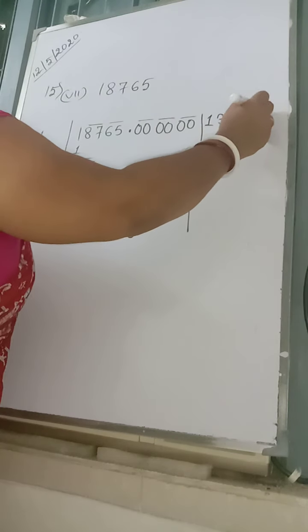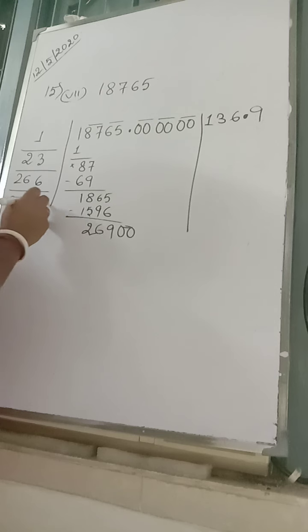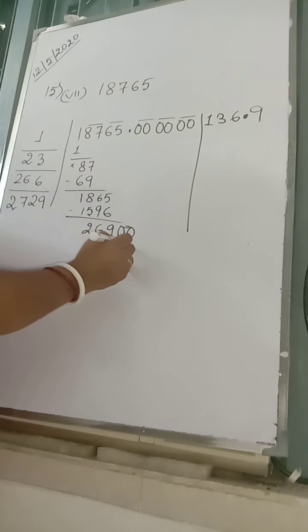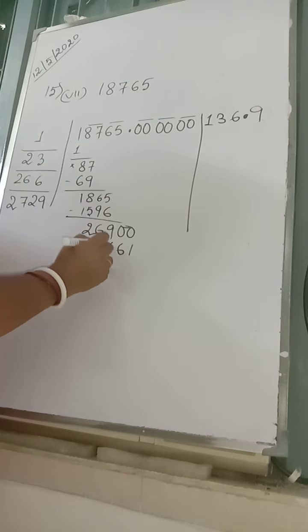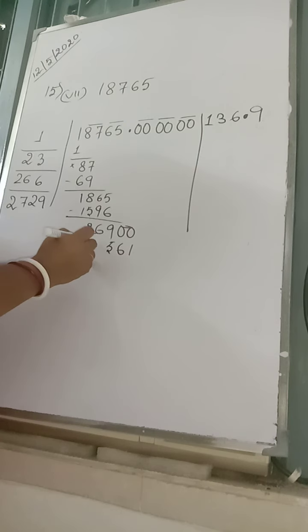So this gives you 9. 9 9's are 81. 9 2's are 18 and 8 is 26. 9 7's are 63 and 2 is 65. 9 2's are 18 and 6 is 24.